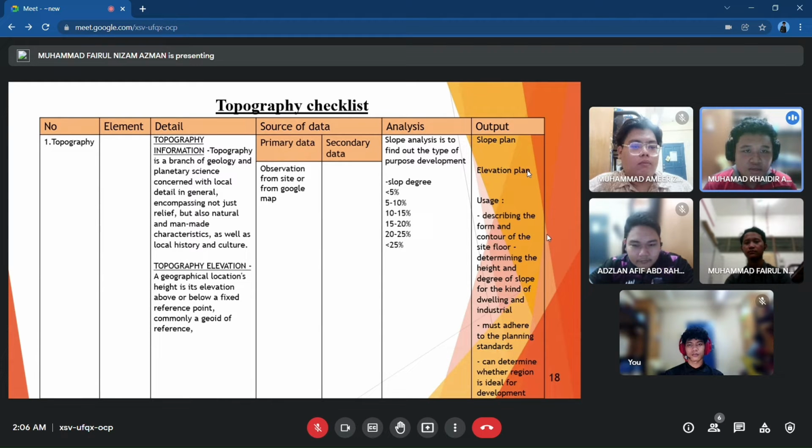Slope is the rise or fall of the ground surface, and slope is calculated by dividing the difference in elevation between 2 points by the lateral distance. Slope is very important because if the area has a steeply sloping ground, it causes the water to fall when it rains, having difficulty to flow and can cause floods and so on.